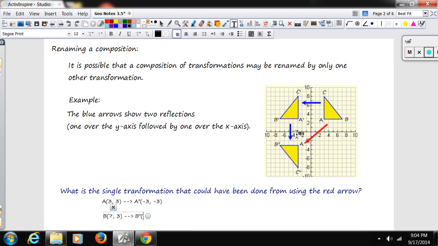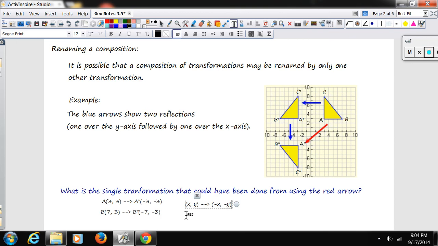So let's see if it works. (-7, -3). It works. So now we know our rule. So we could put (x, y) would then become (-x, -y).